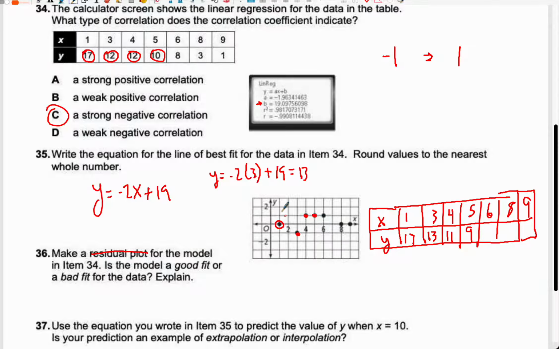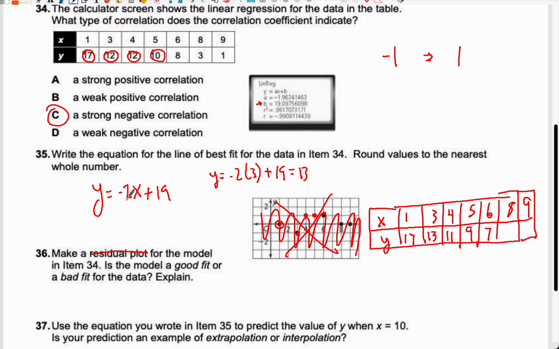All right. Now, on the test, I don't know why I'm spending so much time talking about this thing. You're not even going to have one of these. This doesn't even matter on the test. All that matters is that you can fill out this table. So can you take this x value and put it into the equation that you have for the line of best fit? Negative 2 times 6 is negative 12, plus 19, that's 7.